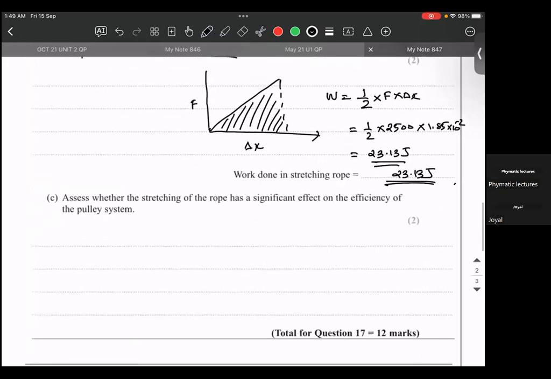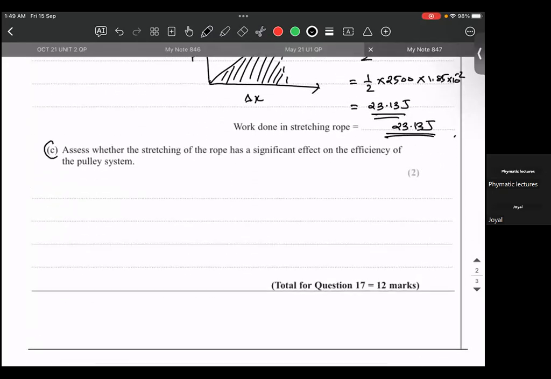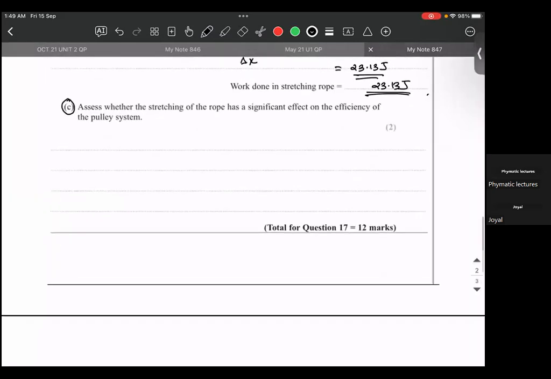This is the elastic potential energy stored inside the rope. Yes. Now the last part of this question, the C part, what is that? Assess whether the stretching of the rope has a significant effect on the efficiency of the pulling system. That means we have two different types of work happening. One is the external work and one is the internal work that happens inside the rope.